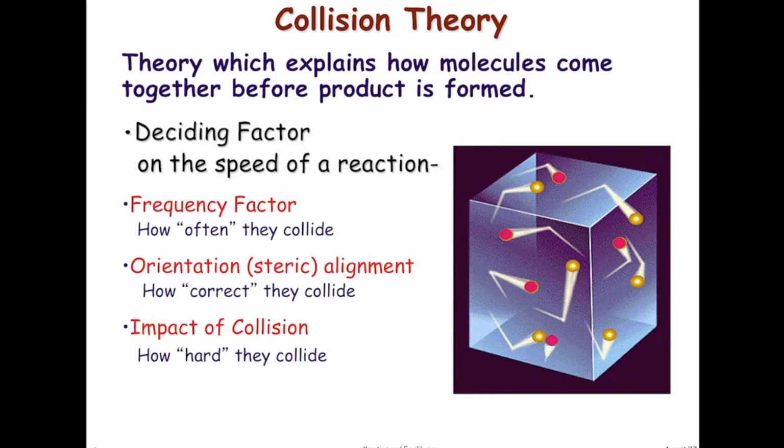It's not enough to just collide. They have to collide with enough energy to break the bonds, and that is the minimum energy to get that reaction going. So we call that the activation energy. Activation meaning that's the energy required to activate that reaction.